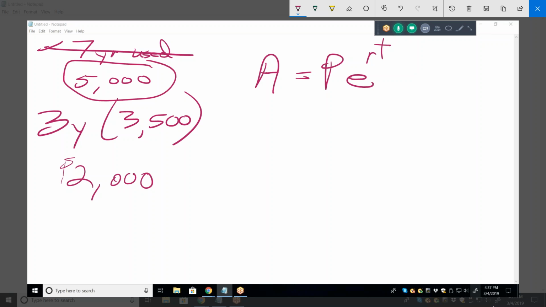So what we know is that it's now worth $3,500. It's the current amount. The original amount was 5,000. And this time R is negative as it's depreciating.